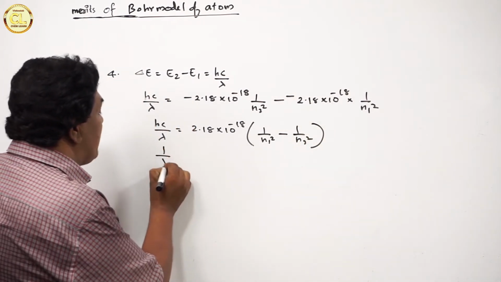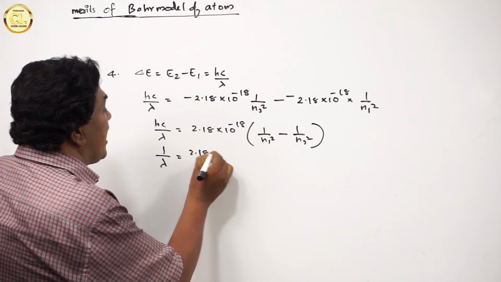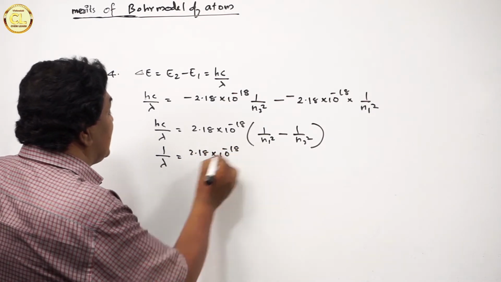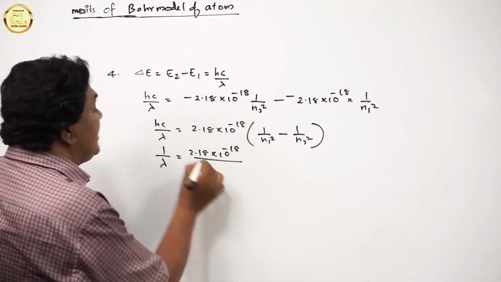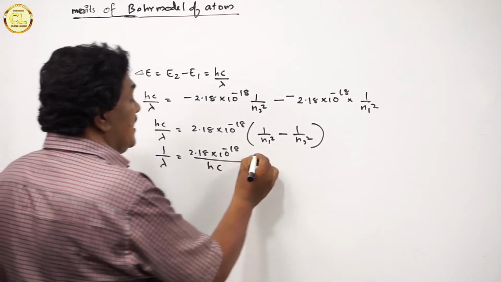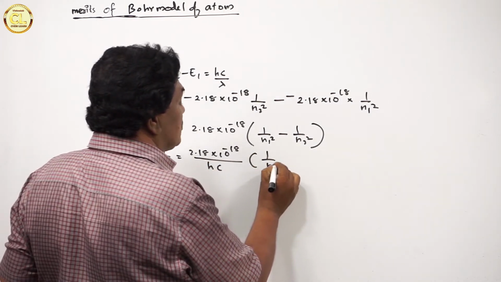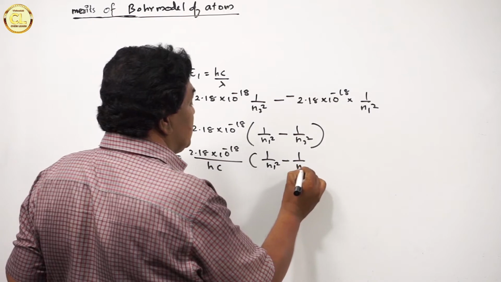And we can say that 1 by lambda is equal to 2.18 into 10 raised to minus 18 by h into c, into 1 by n1 square minus 1 by n2 square.